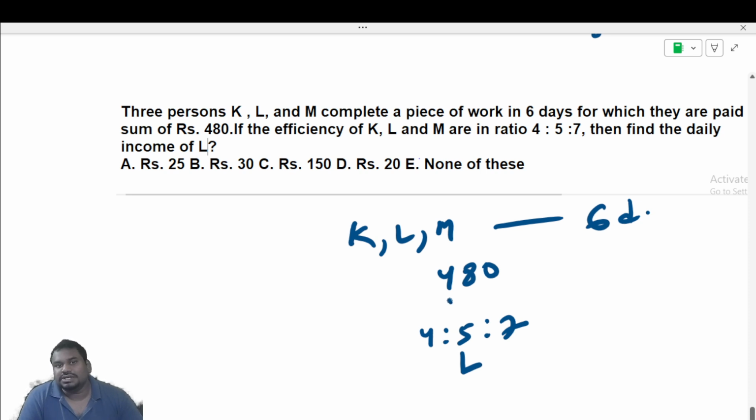In 6 days they can finish the work and they are paid 480. So the total amount of work for which they are getting 480 rupees, the efficiency ratios are 4:5:7.